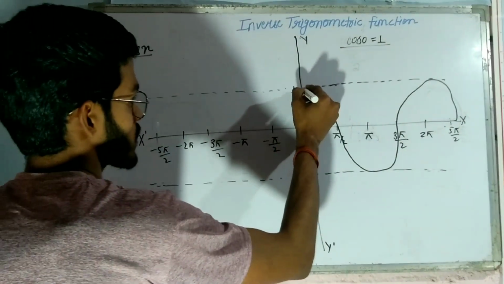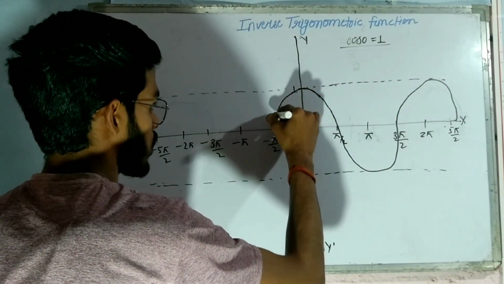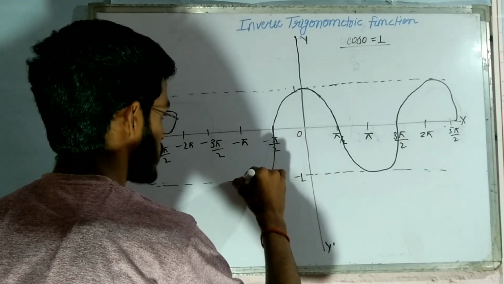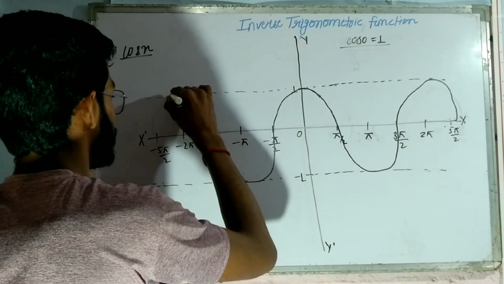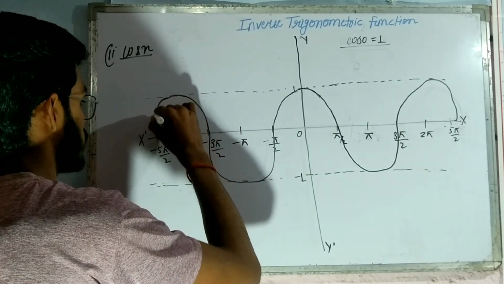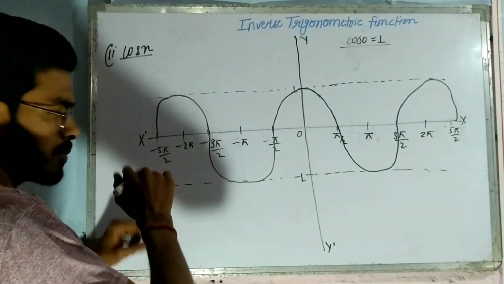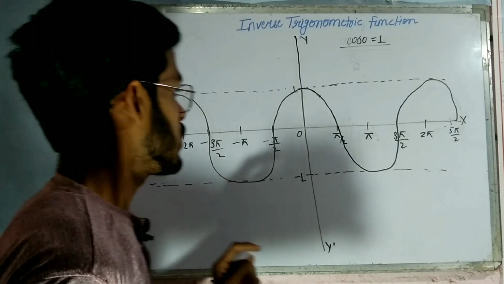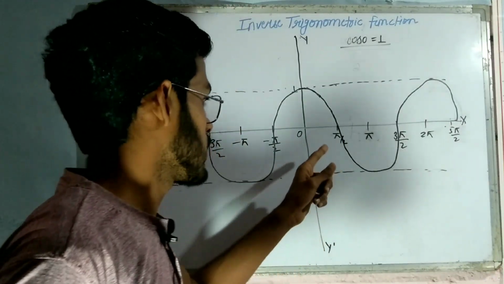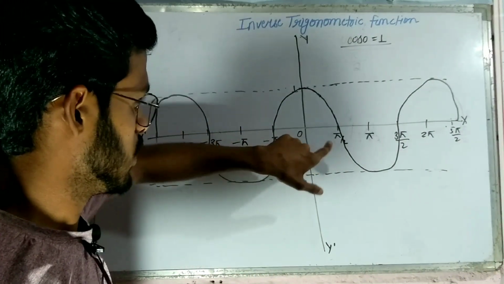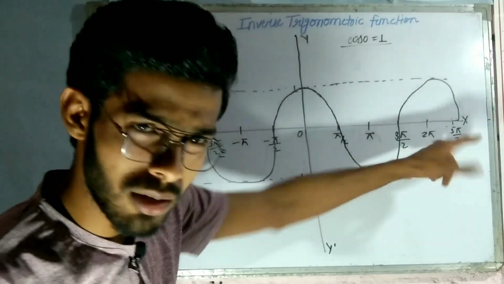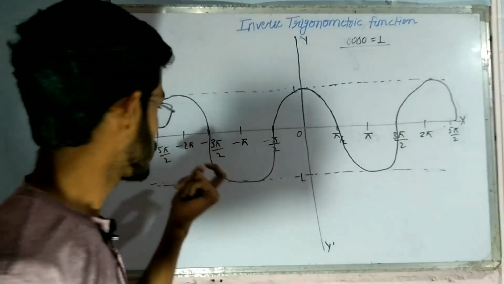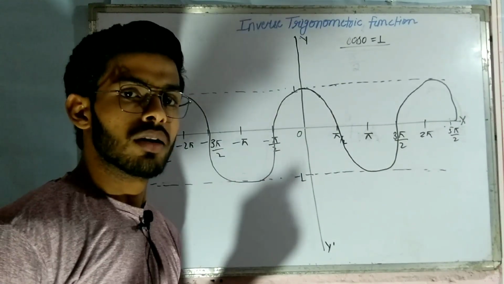Similarly on the negative side, it cuts at minus pi by 2, passes in front of minus pi, cuts at minus 3 pi by 2, passes in front of minus 2 pi, and cuts at minus 5 pi by 2, and so on. Now you can see that the graph of cos x cuts at pi by 2, 3 pi by 2, 5 pi by 2, minus pi by 2, minus 3 pi by 2 and minus 5 pi by 2.